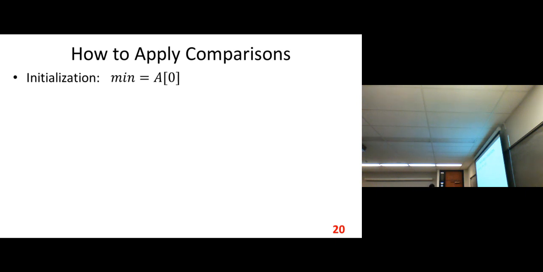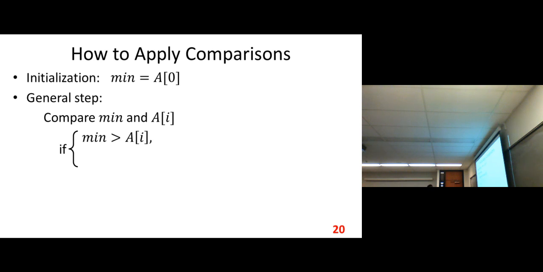So the initial value is the first element. Then we go through the whole array. General step. Compare min with a of I, the current element, the element with index I. Two possibilities. Min greater than a of I.